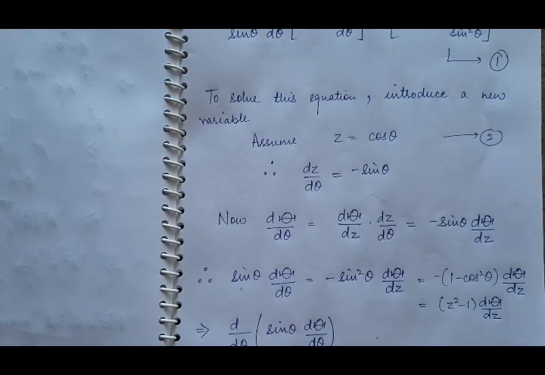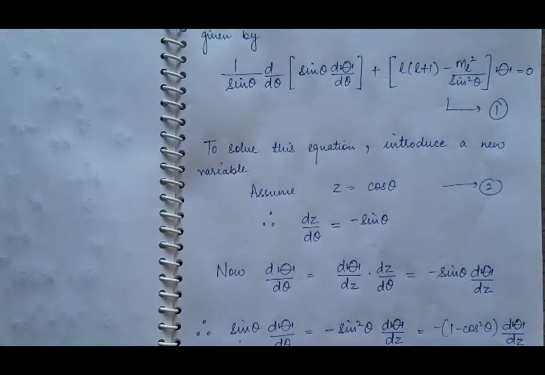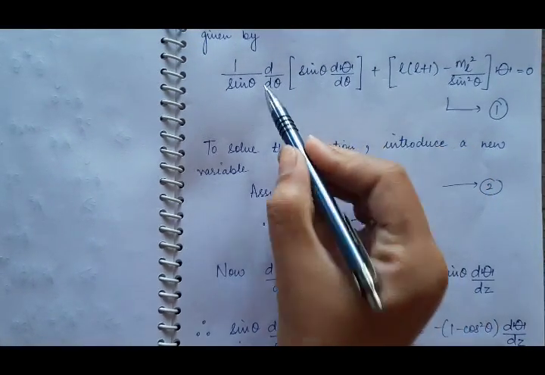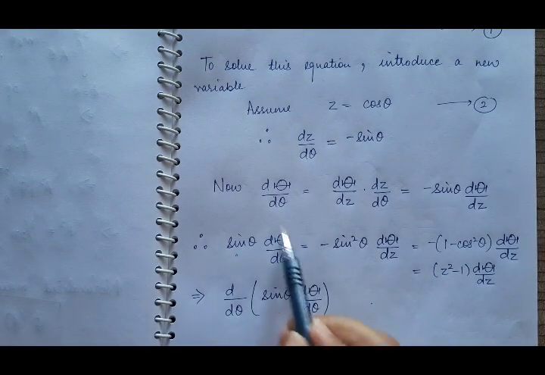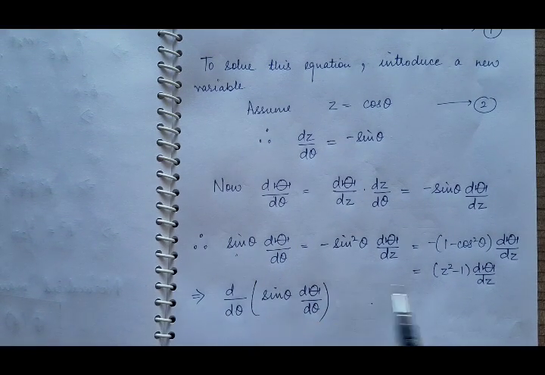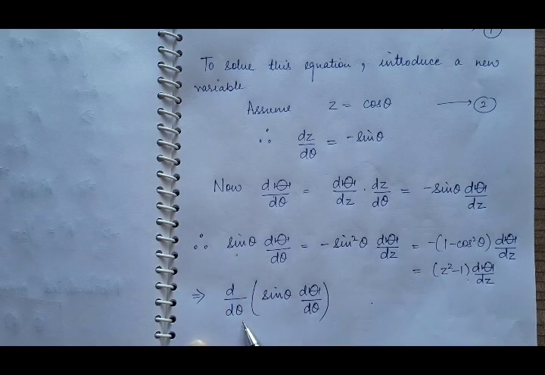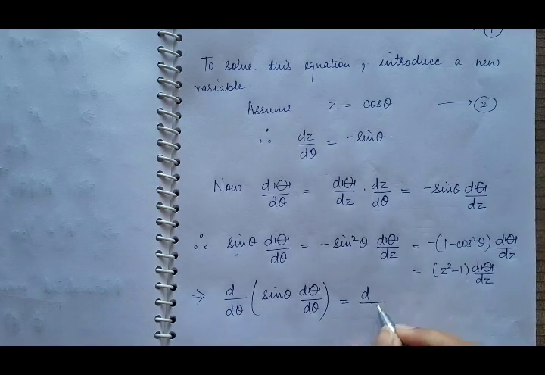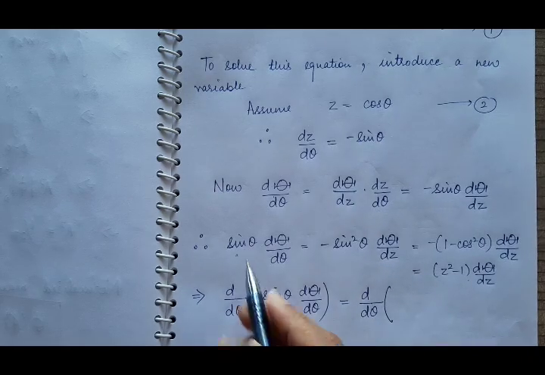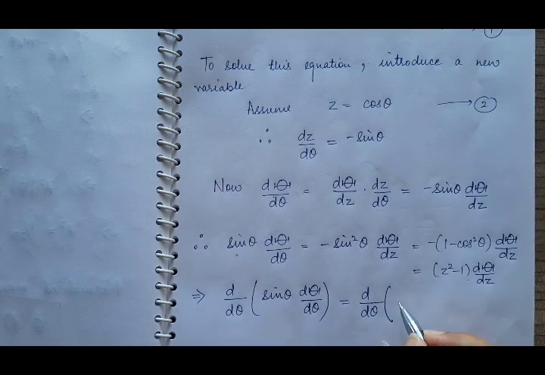Now the next thing we have to calculate is the derivative of this, means we need the derivative of this with respect to theta. So differentiate these two equations with respect to theta on both sides. On the right side, we will have d by d theta of the value of this.